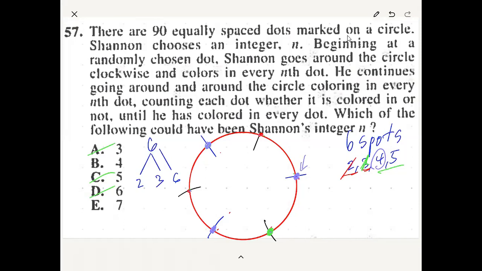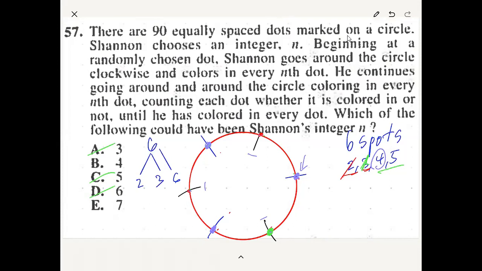So basically, we still did not get to the rest of these. We wound up going around and we moved, but we moved to something that we had already colored. So 4 didn't work. Even though 4 doesn't go into 6 evenly, it still doesn't hit all the colors.